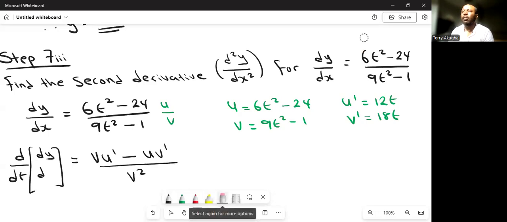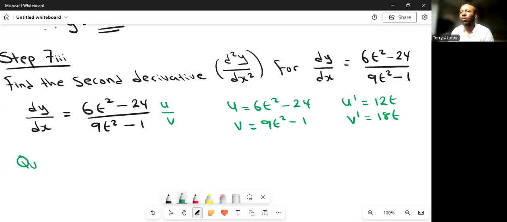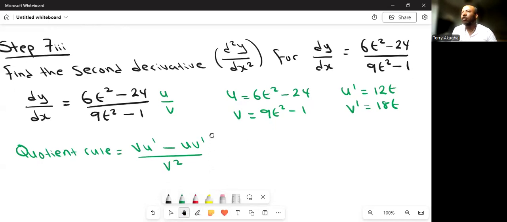Let me just write this to be quotient rule so that it will be easy for students. So the quotient rule was equal to vu prime minus uv prime divided by v squared, okay? Since we know that, we can then differentiate that.